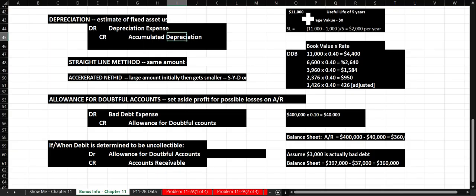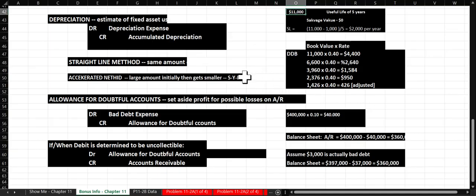So after the first year, it would be 11,000 minus the 2,000, which would be 9,000. Then in the second year, it would be the 11,000 minus 4,000 because now we would have 2,000 twice. So 11,000 minus 4,000, which would be 7,000, and so on.